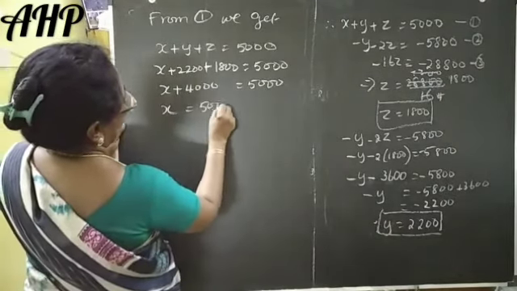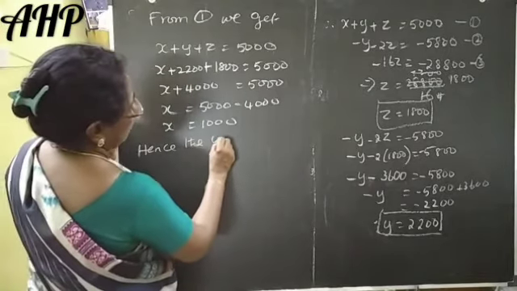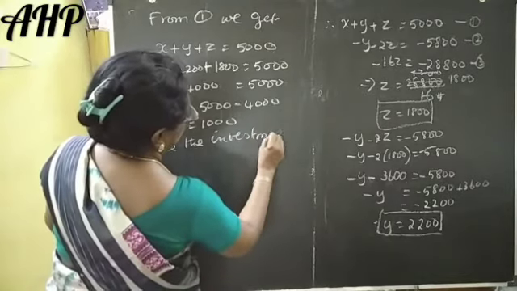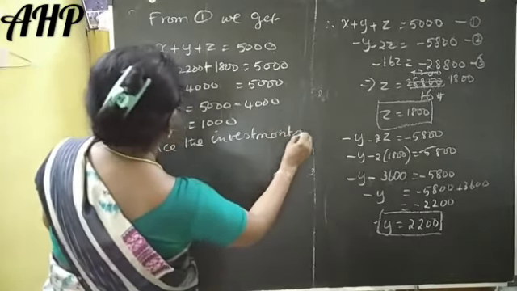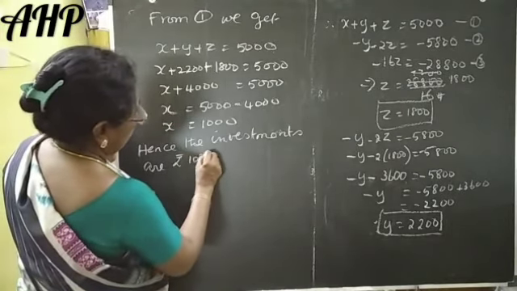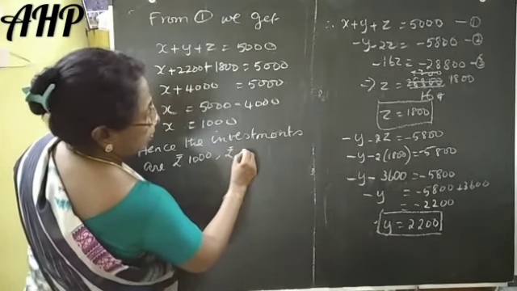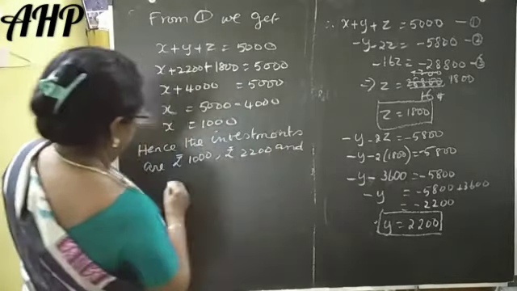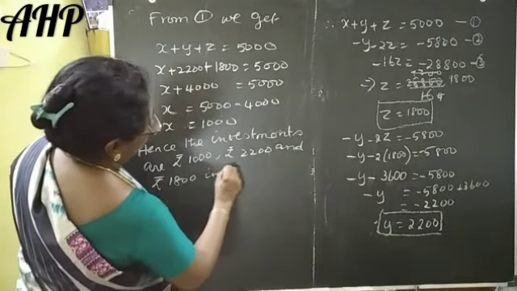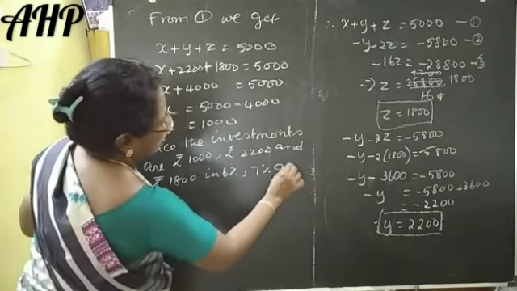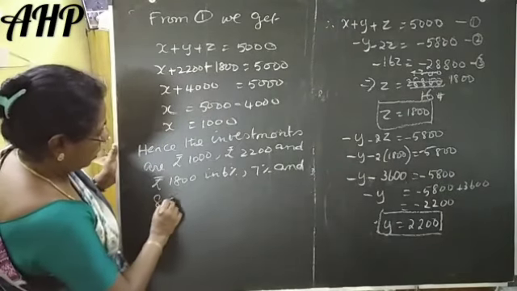Hence, the investments are rupees 1000, rupees 2200 and rupees 1800 in 6%, 7% and 8% bonds.